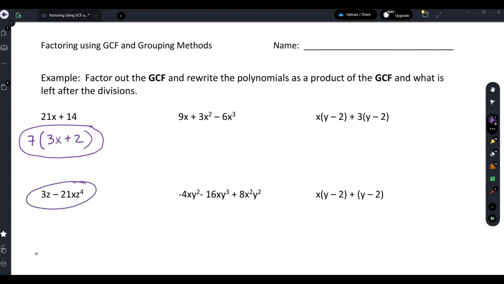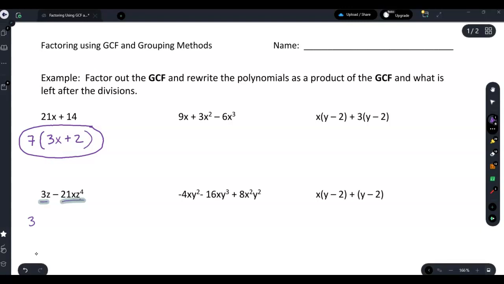So if we go to this one next, let's look for the GCF in these two terms. Between the 3 and the 21, the number part of this, 3 would be my GCF because 3 goes evenly into itself and also into 21. But in this case, there are also some variables in my GCF. There is an x here, but there is no x in my first term.